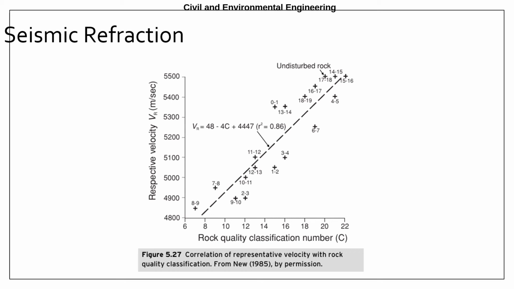So what we can see here is the higher the quality of your rock, the higher the seismic velocity of your rock material. Note that the stiffer your material is, or in some cases the harder your material is, the more efficient and faster it is when it comes to transmitting seismic waves.